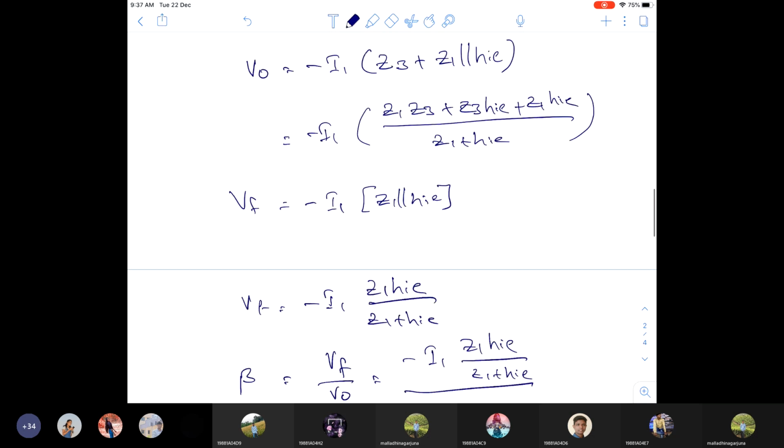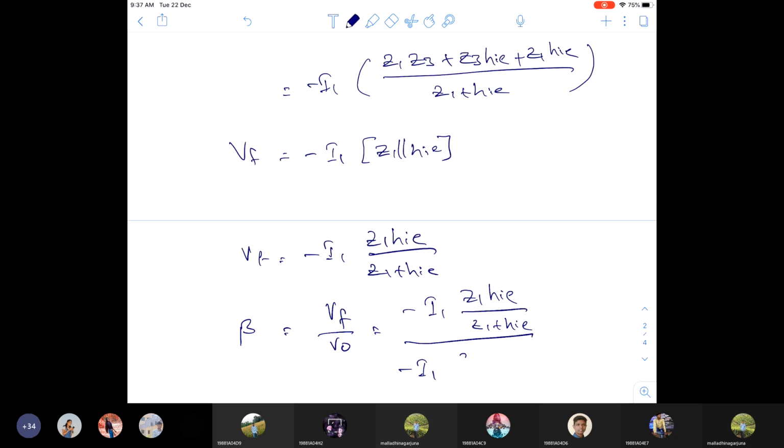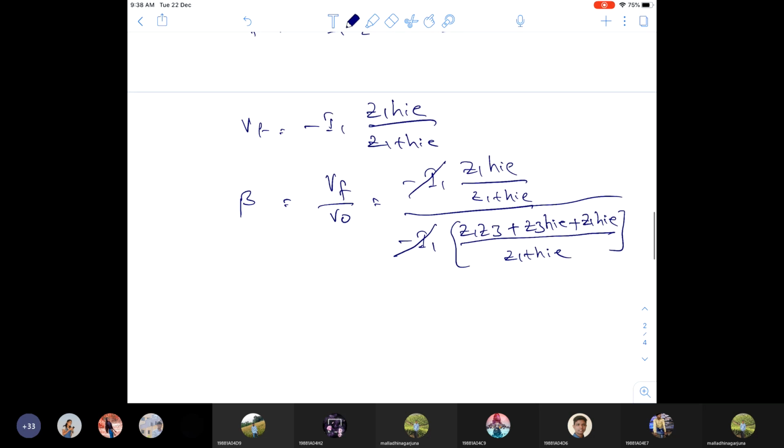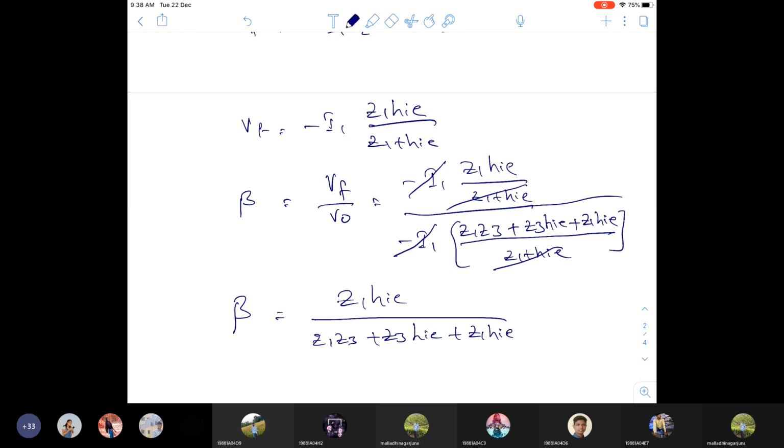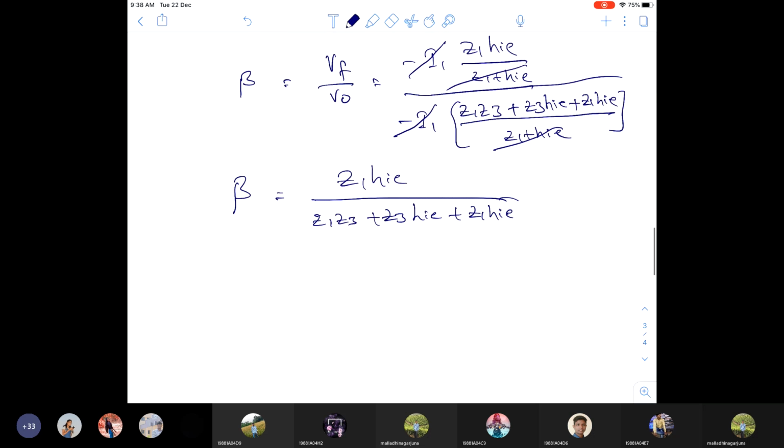V0 is minus I1 into Z1 Z3 plus Z3 HIE plus Z1 HIE divided by Z1 plus HIE. Okay, so minus I1 cancels, Z1 plus HIE, Z1 plus HIE cancel. So beta equal to Z1 HIE divided by Z1 Z3 plus Z3 HIE plus Z1 HIE. This is beta.